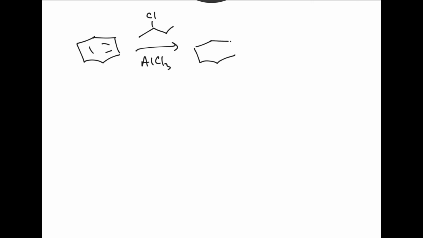As a general rule, if you want to make sec-butyl benzene, it's faster to just use something like 2-chlorobutane, so you don't have to worry about a rearrangement that might be slow. You just get to make the product that you exactly want, no problem.